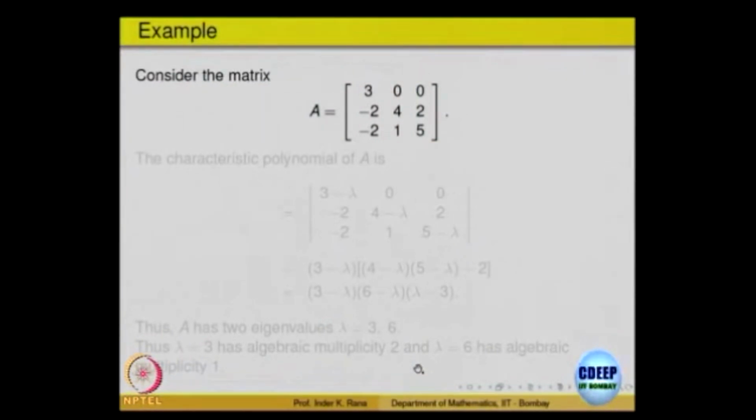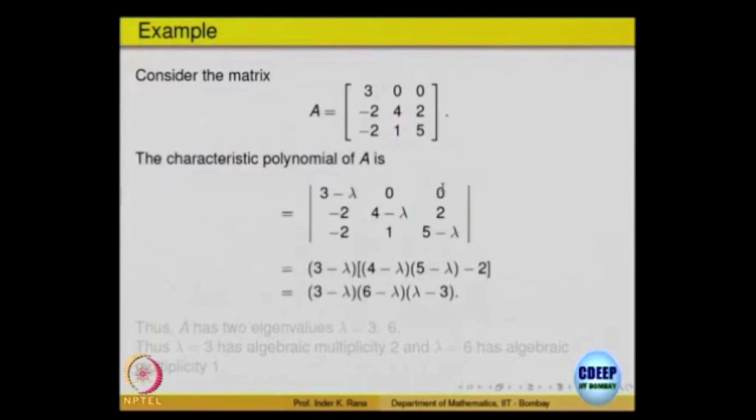Now, I want to do many examples so that it is very clear what we are doing. So, A is the matrix given like this, 3 0 0, minus 2 4 2 and minus 2 1 5. How will you write the characteristic polynomial? Diagonal entries become 3 minus lambda, 4 minus lambda and 5 minus lambda, everything else remains the same, A minus lambda I. So, write that, find the determinant of that matrix.